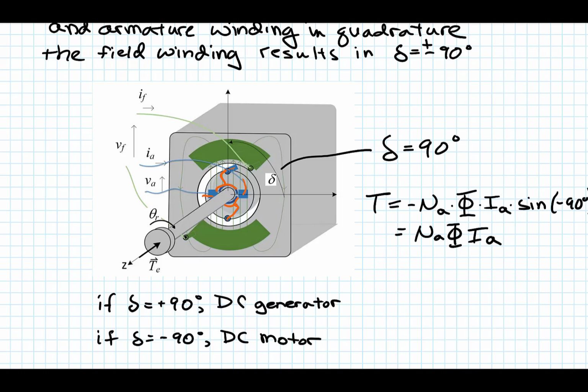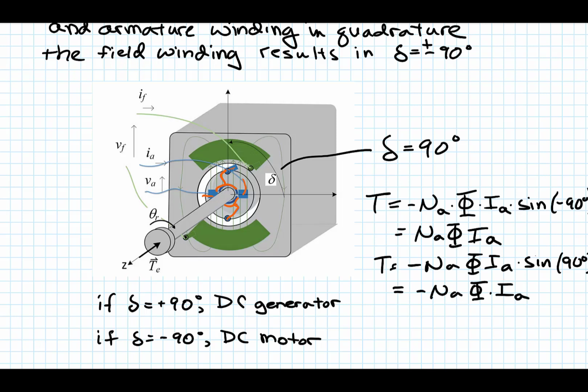And if it's a generator, the torque would be the same expression, sine of positive 90 degrees, which is negative of the turns times the flux times the current.